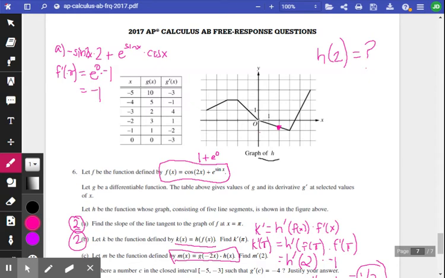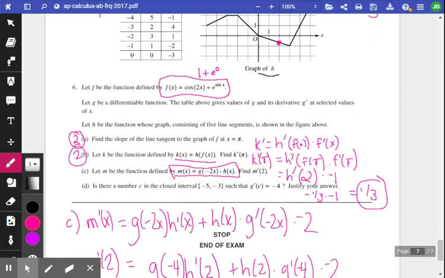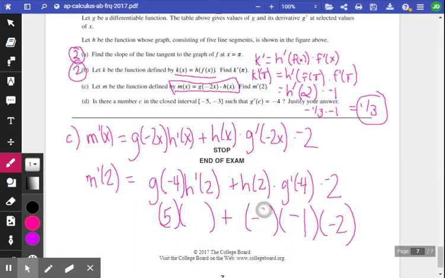So I know since the slope is down 1 over 3, I'm moving down 1/3 every time. So h of 2 should be negative 2/3. And then h prime of 2, I already got up here, which was negative 1/3.